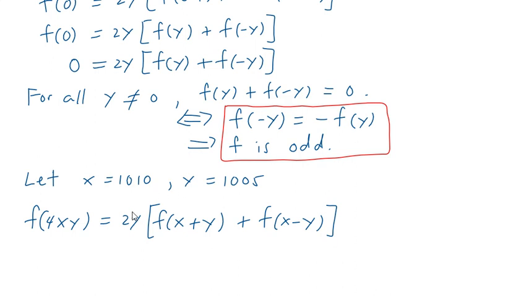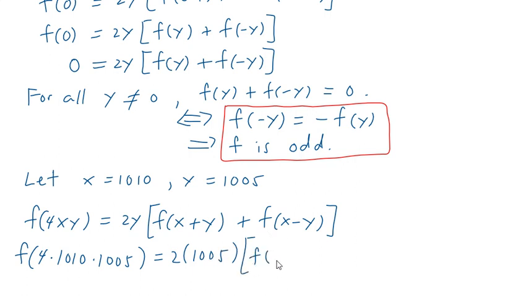Plugging in these numbers, we have f(4 times 1010 times 1005) = 2 times 1005 times (f(2015) + f(5)).